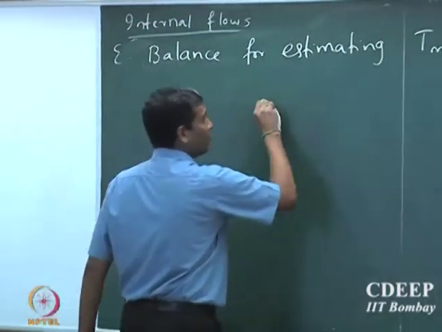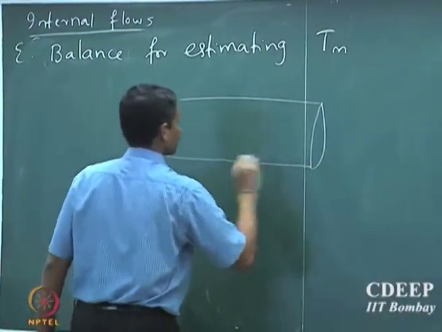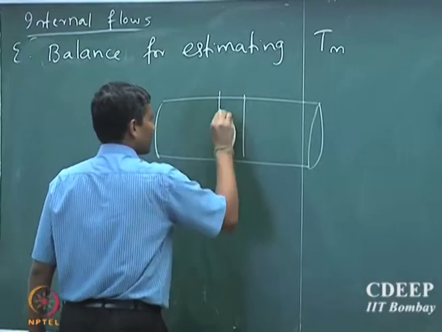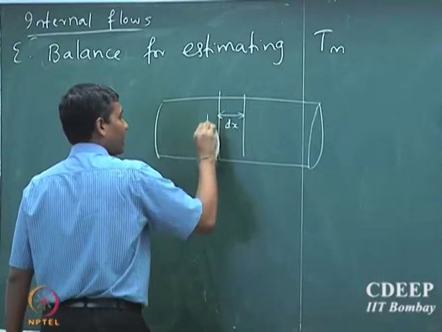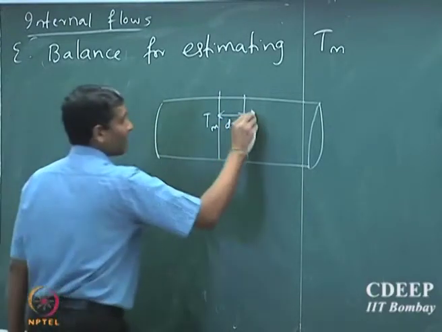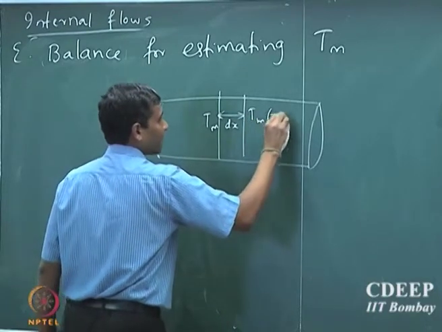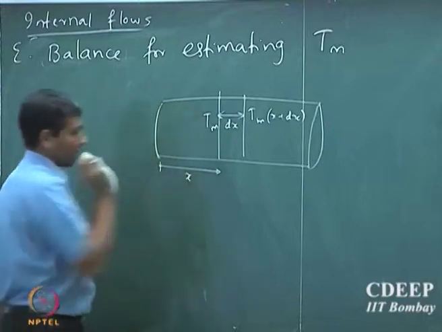So suppose I take a tube, this is dx, and the mixing cup temperature at location x is Tm, and at x plus dx it is Tm at x plus dx.